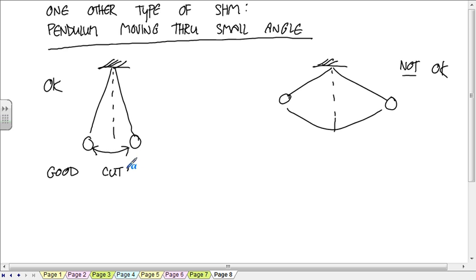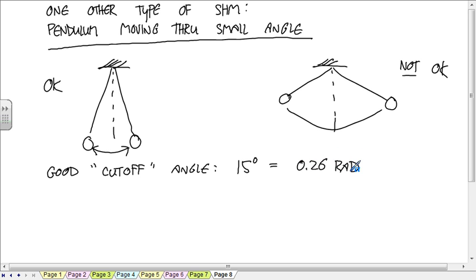And a good value to use as a cutoff angle is 15 degrees. In calculating angles for pendulums, we use radians instead of degrees. So 15 degrees is 0.26 radians.